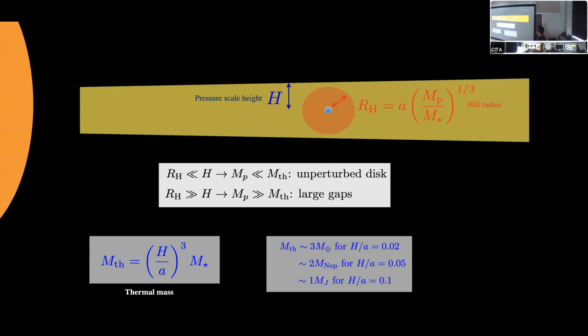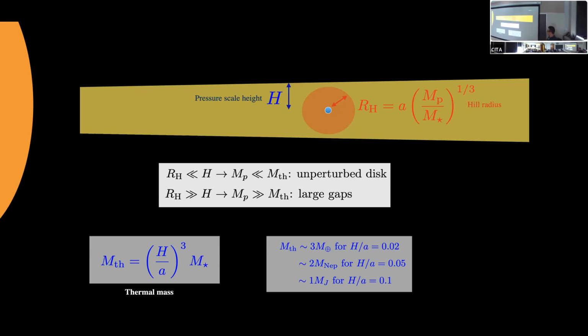The thermal mass is the mass at which the pressure scale height of the disk equals the Hill radius of the planet. If you follow the algebra, you get to this quantity over here that depends on capital H and a to the third power.